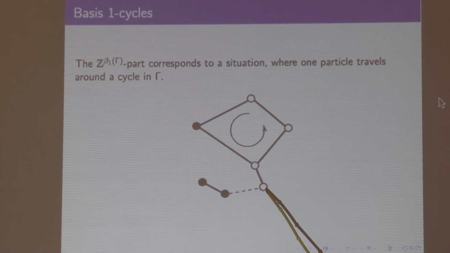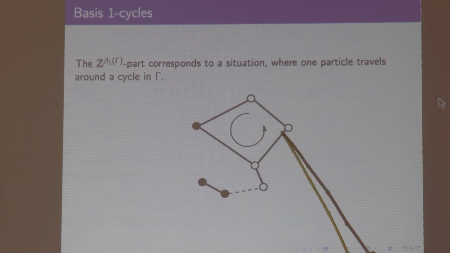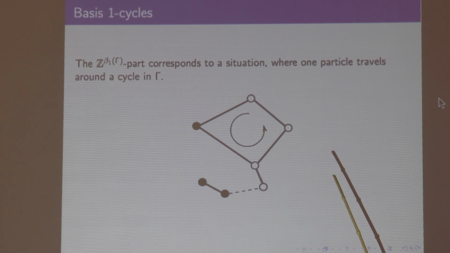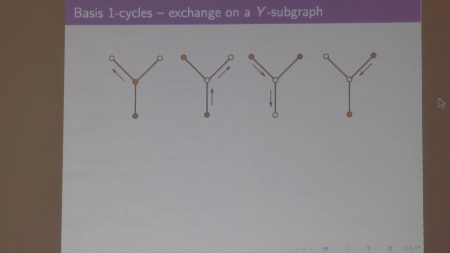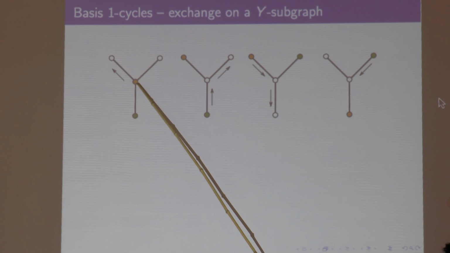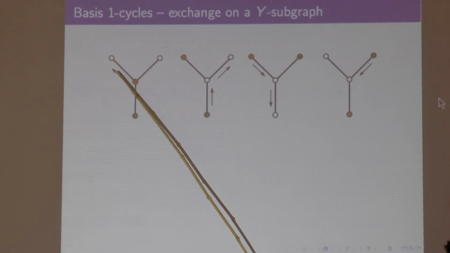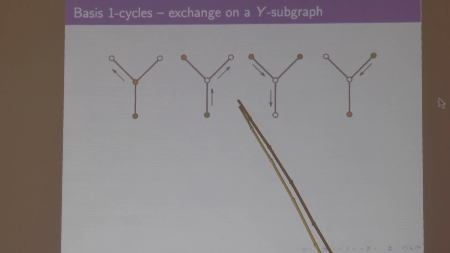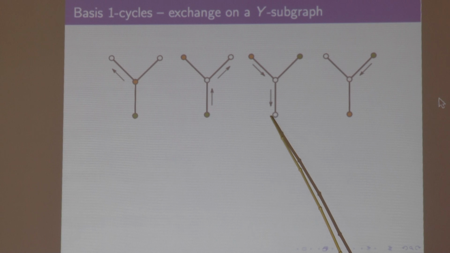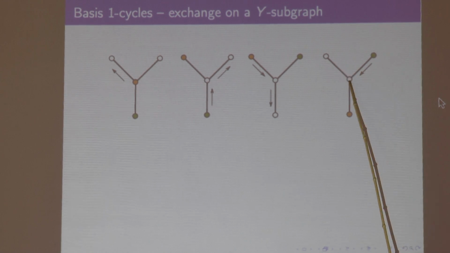So there is one kind of cycle when particles are distributed in a graph, and one particle is self-uniform in a graph. So this is one cycle in this n particle space. Another kind of cycle would be such an exchange of particles. We have two particles on the Y graph, and one goes here, another one travels here, and now this particle goes back, and now this particle goes back.